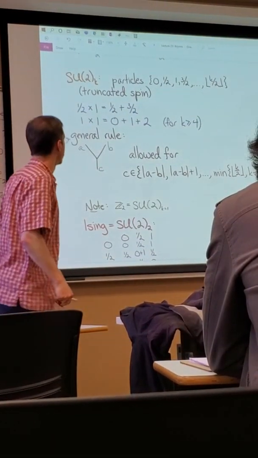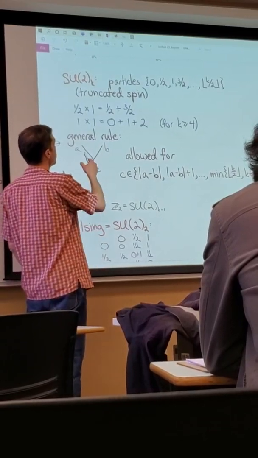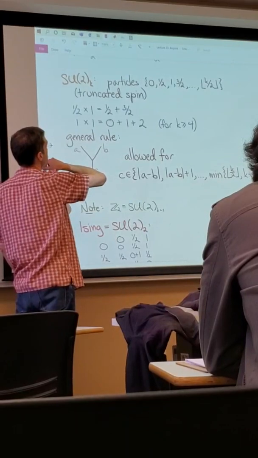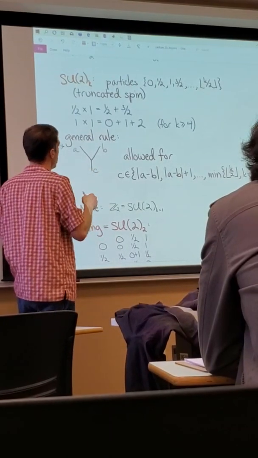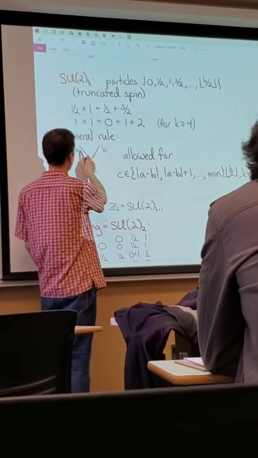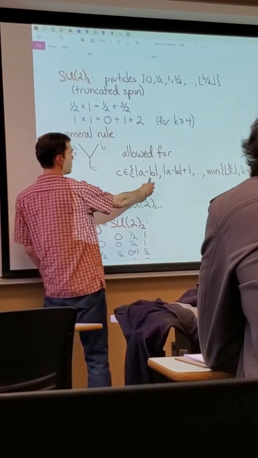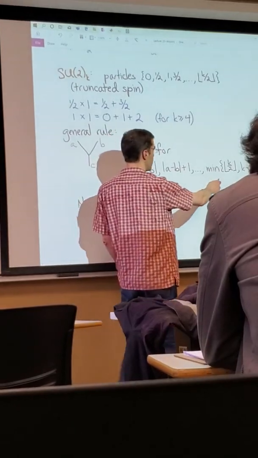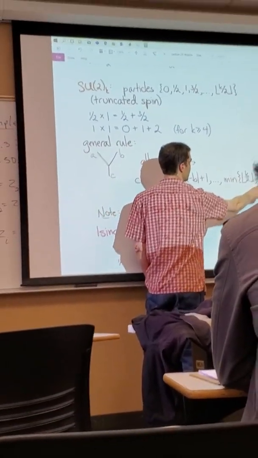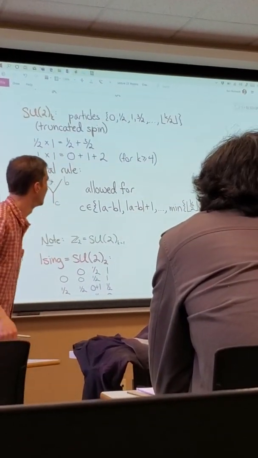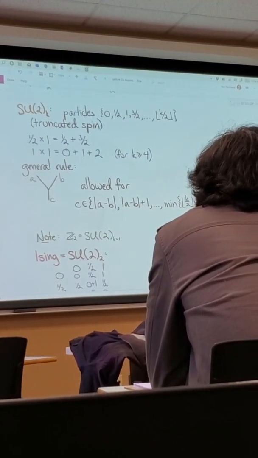SU(2)_k is, oh, so here I have it. SU(2)_k, this is SU(2) truncated at level k, I think. So here's the fusion rule. A fused with B gives you C, where C could be anything between |A minus B| and up to that expression.